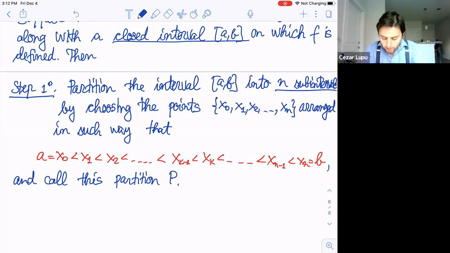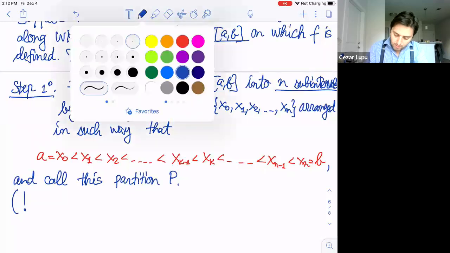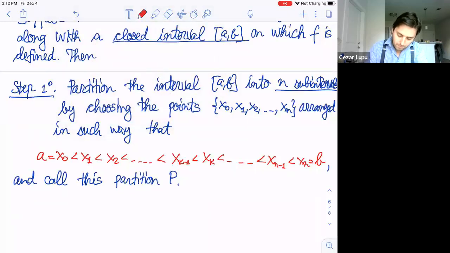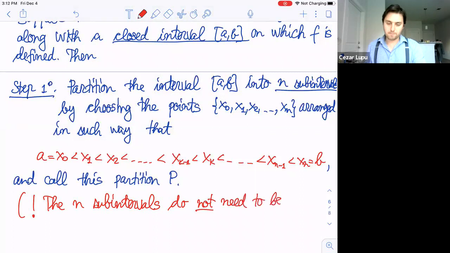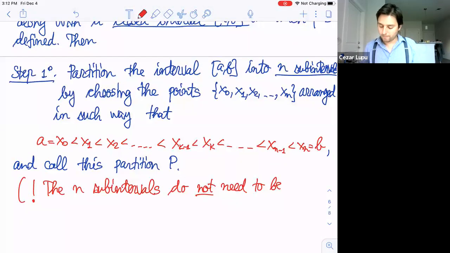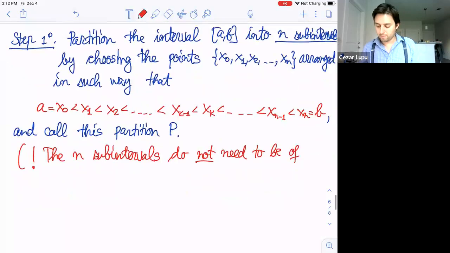But by the way, I want to point out a remark here, and this is very, very important. The n subintervals do not need to be of equal length.